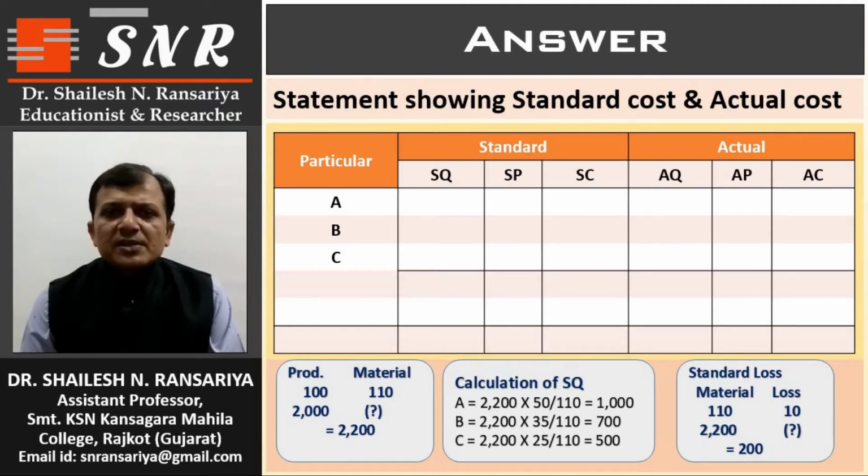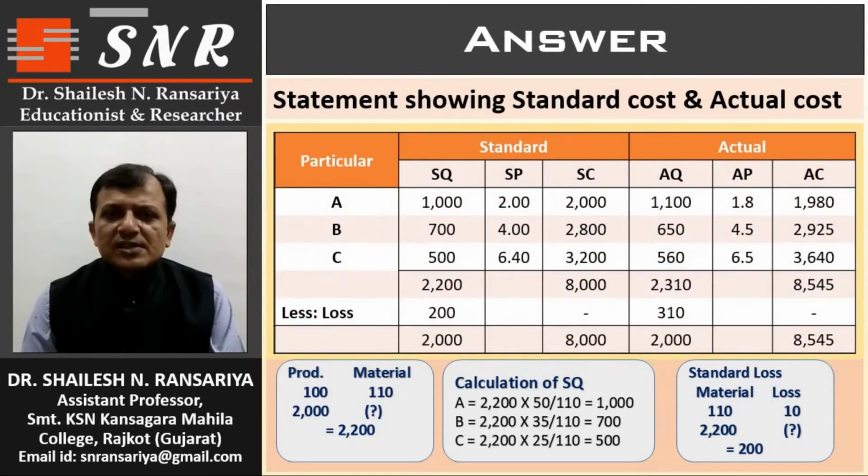Now we will prepare the statement of standard cost and actual cost. In the statement, under standard there are 3 columns: SQ, SP and SC. Under actual again 3 columns: AQ, AP and AC. For A, standard quantity 1000, standard price 2, so standard cost 2000. Material B, SQ 700, SP 4, so SC 2800.